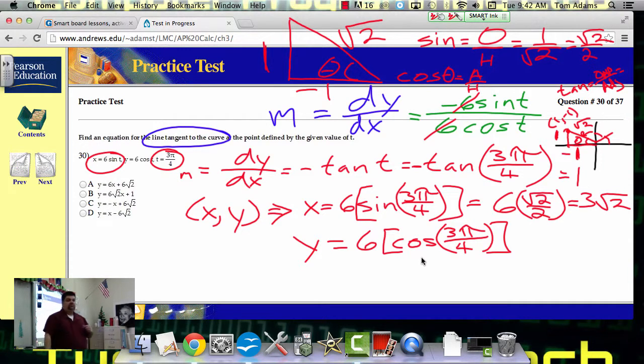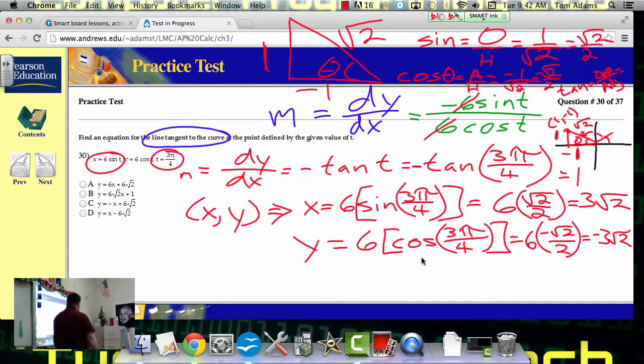Sorry, I got a little excited. When I'm teaching, I'm always thinking about the next step. I need to stay in the moment. So cosine would be negative 1 over square root of 2, or negative root 2 over 2. So y is 6 times negative root 2 over 2, which is negative 3 root 2.